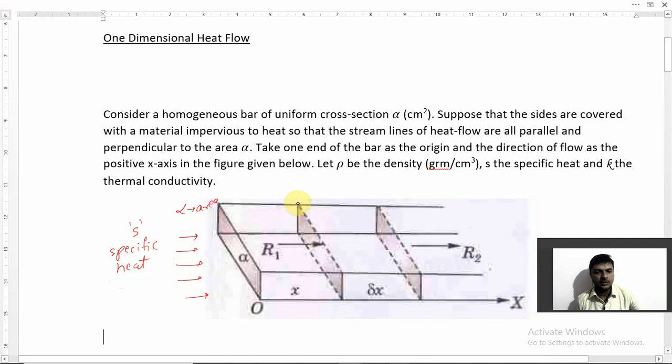So here this bar has the density rho. Just mention this, very important. Rho is the density. Here you can see X is the distance, and delta x is nothing but the change in the distance.